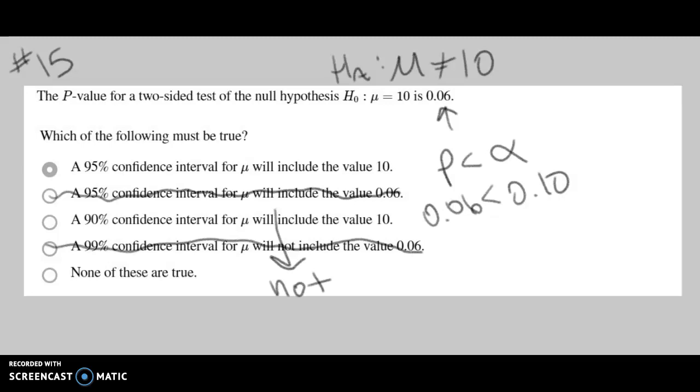At 95% my confidence interval is just a little bit wider, and so the wider interval is able to capture the 10, which is why if my p-value is 0.06 and I were using an alpha level of 0.05, I would fail to reject my hypothesis at an alpha level of 0.05.